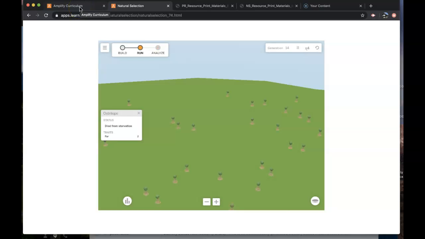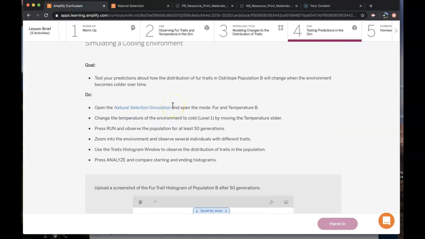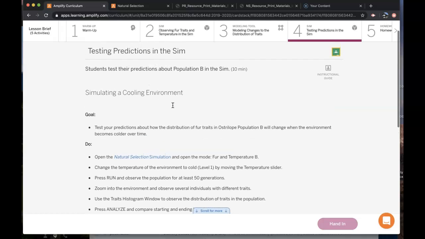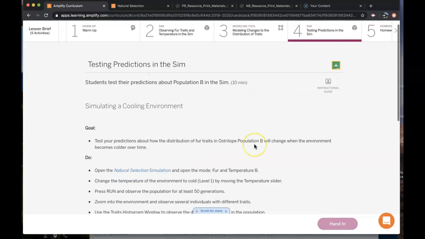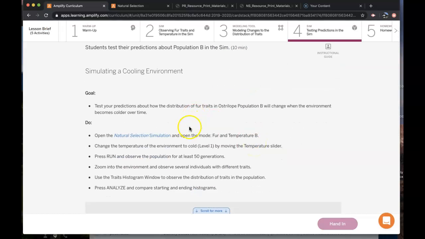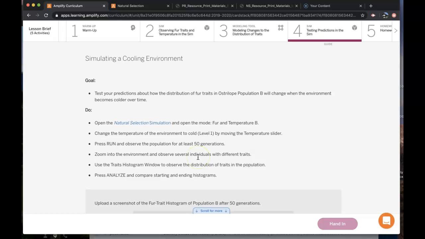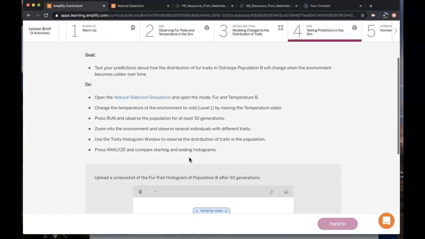So at this point, you should go to Amplify, go to lesson 1.4 activity 4, have the sim up and follow the directions. Go to the fur and temperature B, change it to cold, run it to 50 generations, and then press analyze.